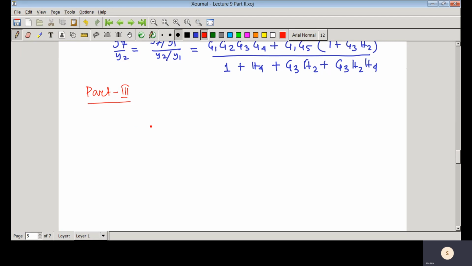So here we take one block diagram. This is one example. This is plus, this is minus, you have that error signal, and here you have G1, the transfer function.